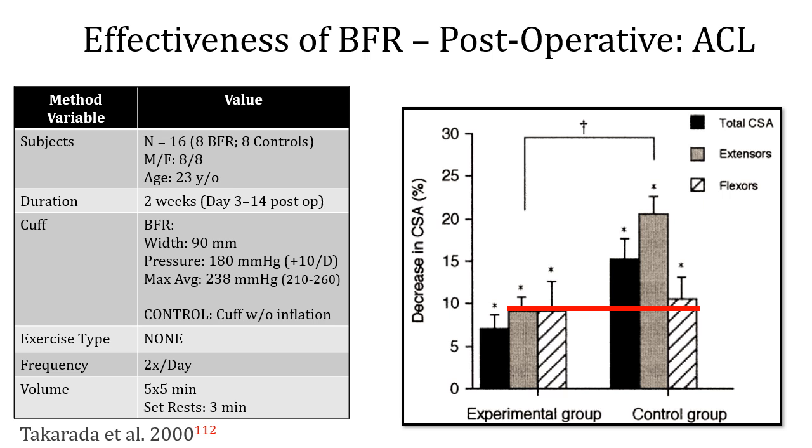The experimental group lost around 10% for their extensors and their flexors respectively. The total cross-sectional area decreased around 8%, which really cut in half what was seen in the control group, where the control group lost almost twice that, which is comparable to what we see.